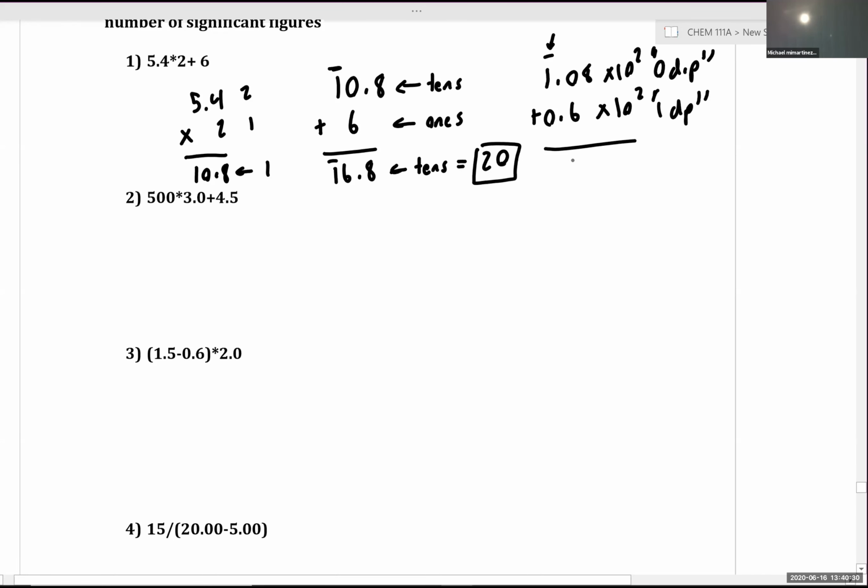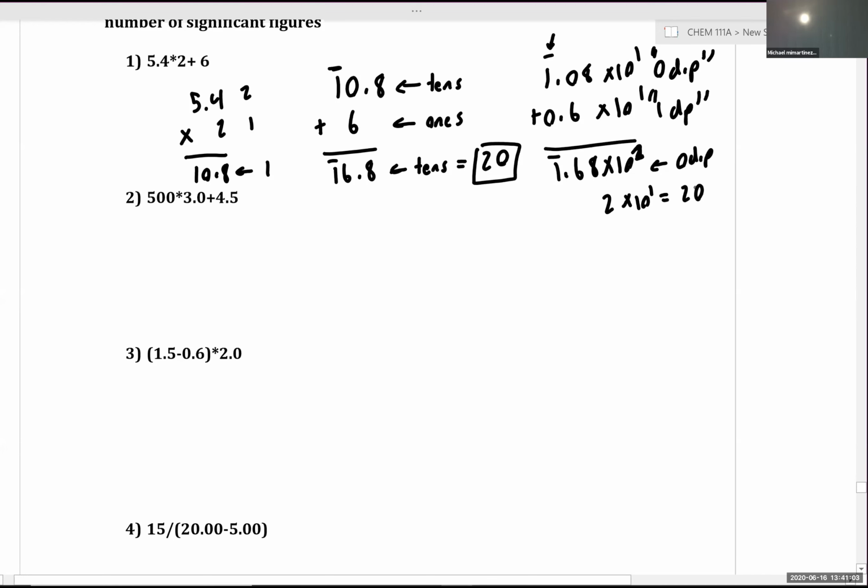So if we get 1.68 times 10 to the second, and we round this number to 0 decimal places, we get 2 times 10 to the first, which is equivalent to 20.